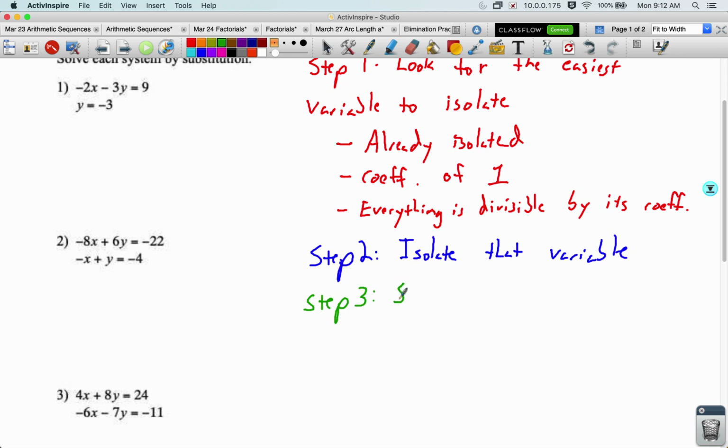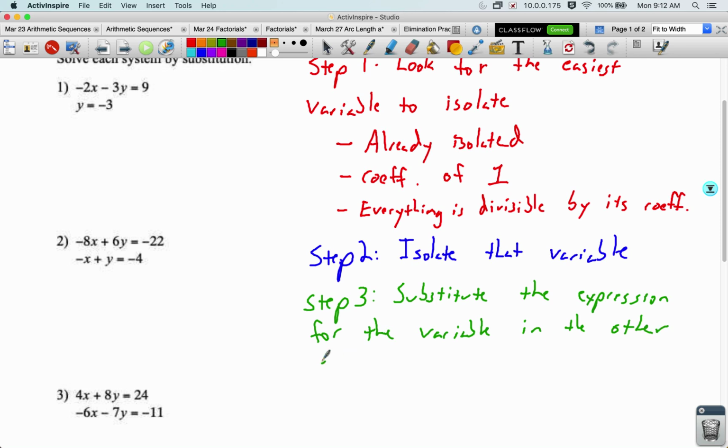Step 3, we want to substitute the expression for the variable in the other equation, and step 4, solve.